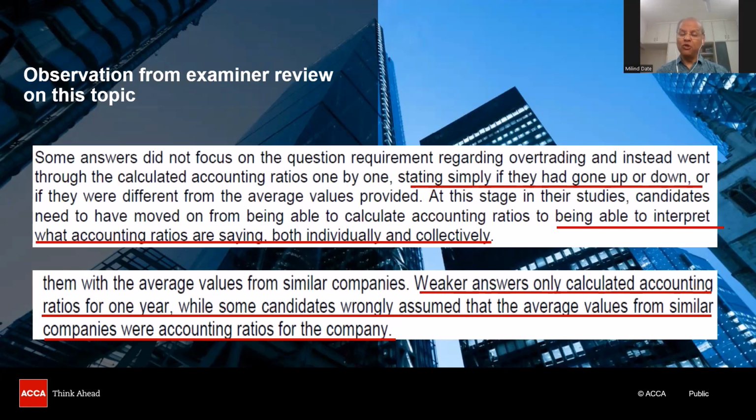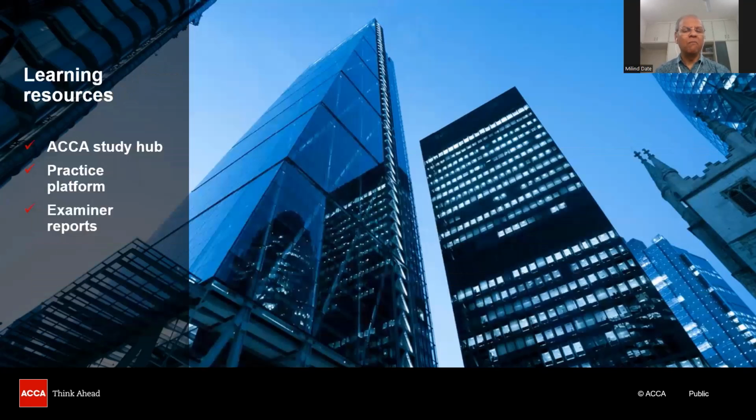So therefore, you must learn very well from ACCA Study Hub and other resources that are available to you. Once you learn the concepts from the Study Hub, please make sure that you make use of the quizzes and practice questions available there, and then concentrate on questions from past examinations that are available to you in the practice platform. And don't ignore the comments of the examiner.